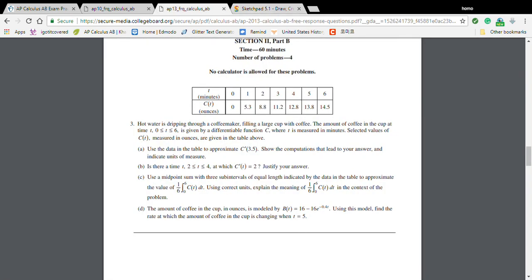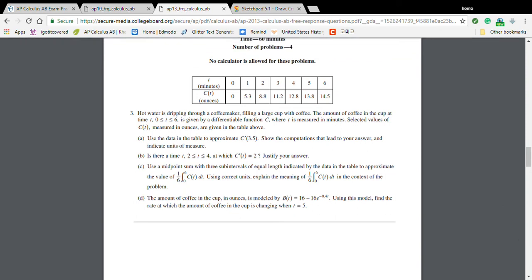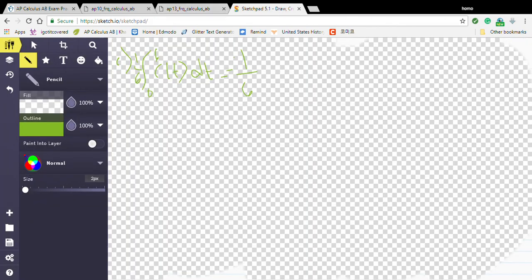A midpoint Riemann sum is when we take the midpoint between these two numbers. So 3 subintervals, and 2 minus 0 is 2, times 5.3, plus 2 times 11.3, plus 2 times 13.8 ounces.